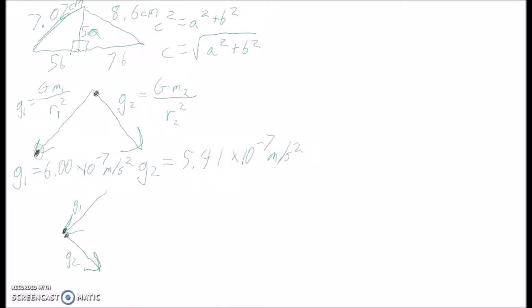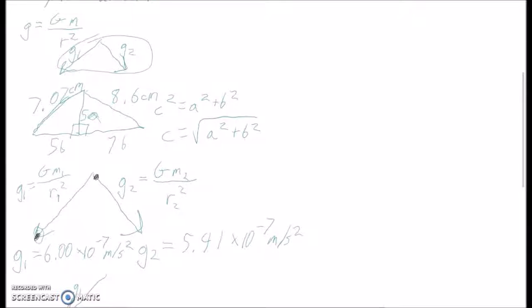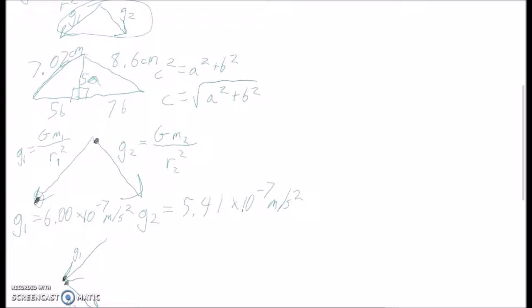I don't really know the directions of these right now, so I need to find the direction. Well, the direction should be the same as the direction of the radii.